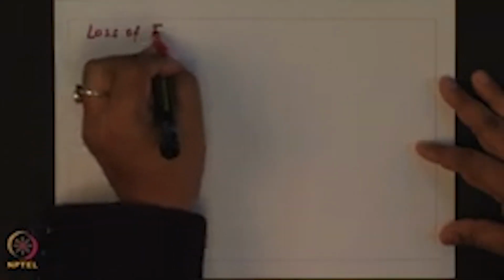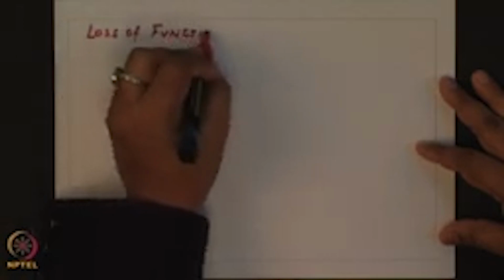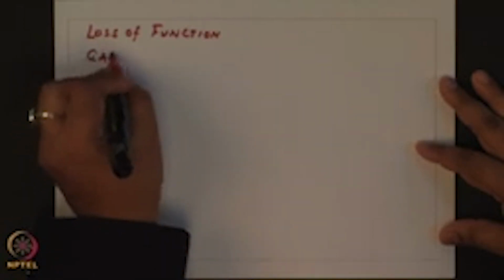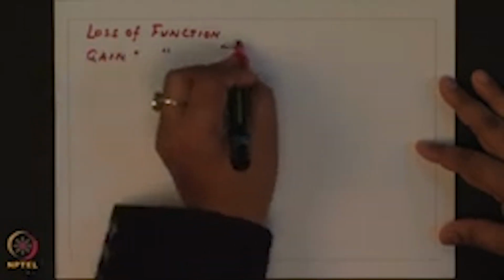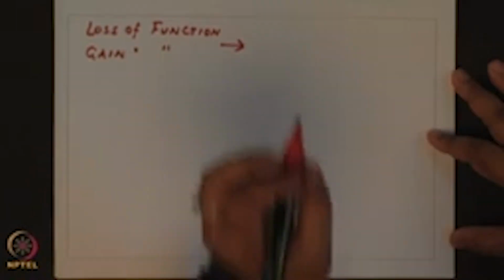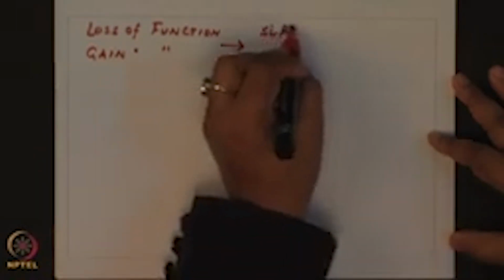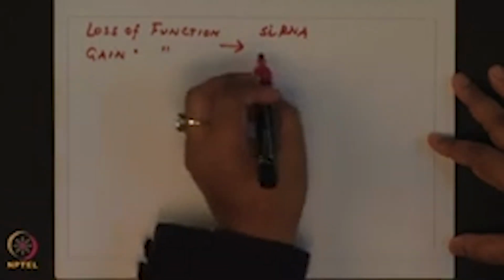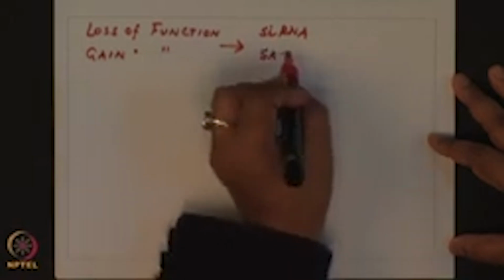So, what they then did was they performed gain of function and loss of function experiments. For loss of function there is siRNA, they knocked down the expression of YAP-TAZ, and for gain of function they overexpressed YAP.